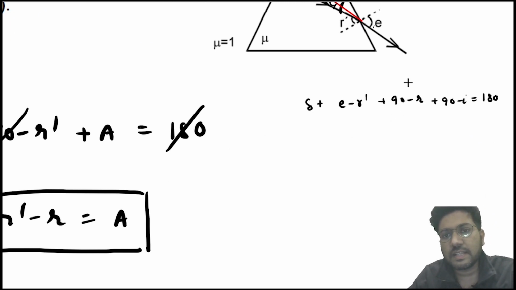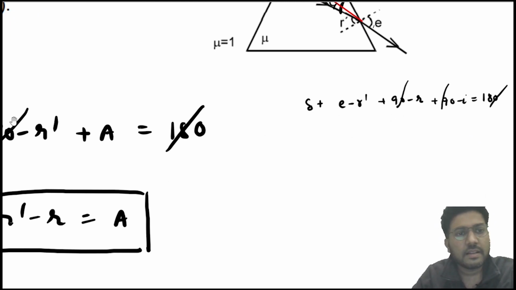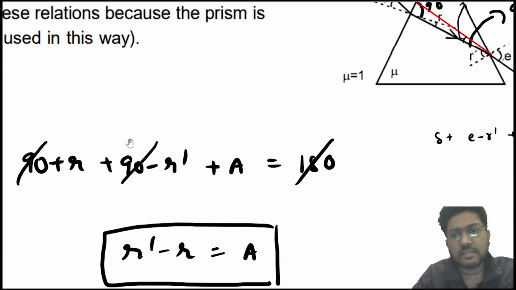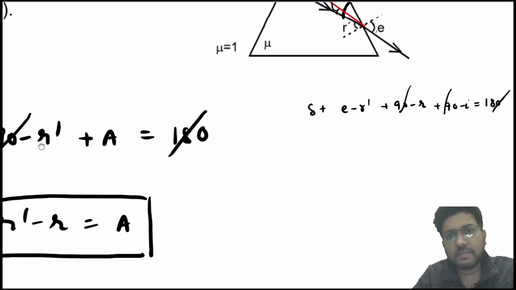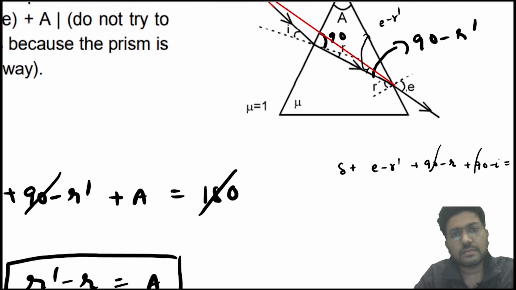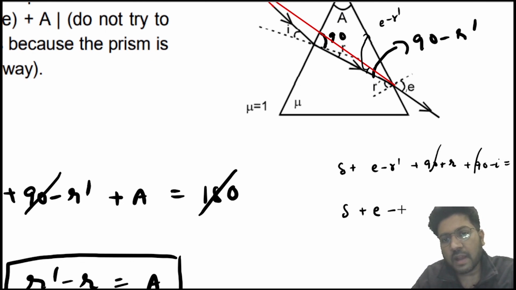From here you will see that this 90 and 90 cancel out, and R dash minus R is A. Okay, so what I will write here, this was 90 plus R actually, so R dash minus R is A, so I will write delta plus E minus A. Why? Because I have taken R dash common, minus 1 common, then I will get minus 1 into (R dash minus R), but R dash minus R is A. Okay, and from here there is I is equal to 0. So I have used this and this.